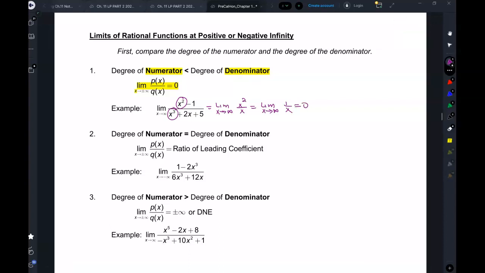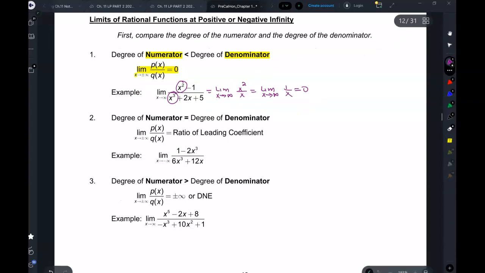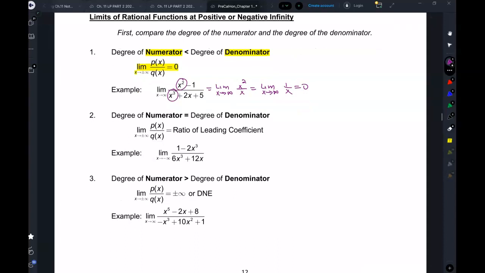Okay? Why is it x squared over? Because it's x cubed. Okay, so here, what if the denominator and the numerator have an equal degree? Take the leading term from the top, the leading term from the bottom.